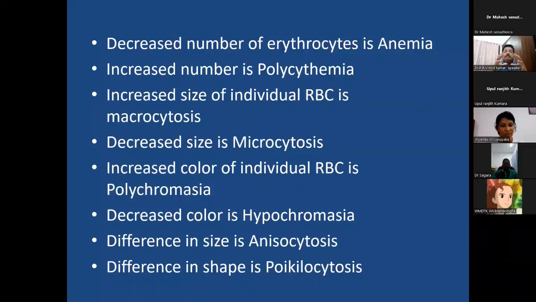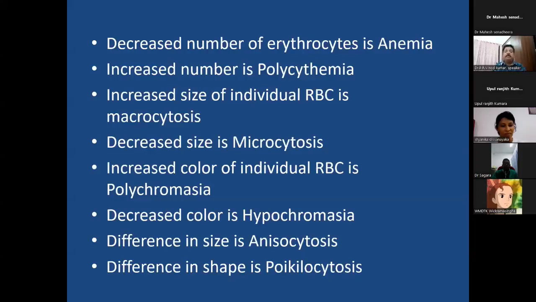When there is a decreased amount of hemoglobin inside the erythrocyte, what will happen? It will shrink down. This is known as microcytosis. So if there is macrocytosis, it means that the MCV is more. That means a severe inflammatory or disease process is going on. But if there is microcytosis, it shows that severe destruction of RBCs is going on. That is, a hemolytic disease is going on.